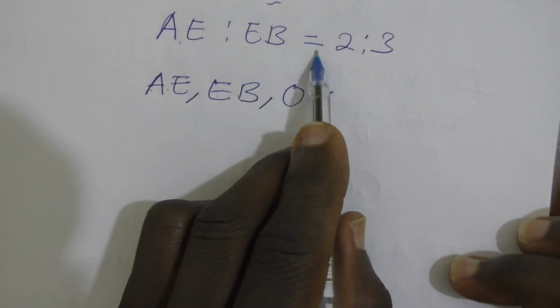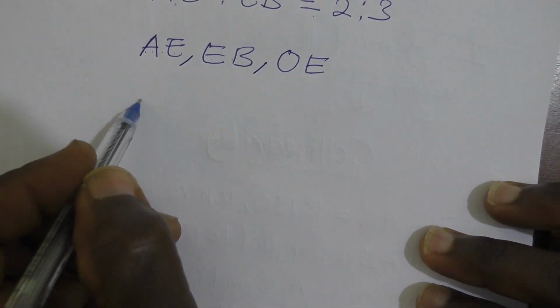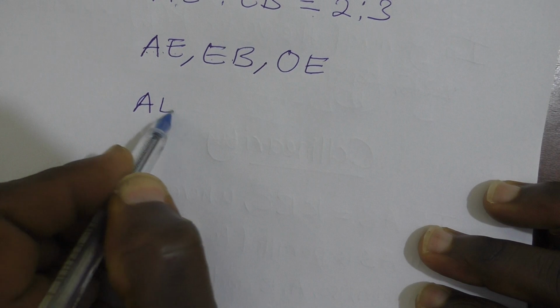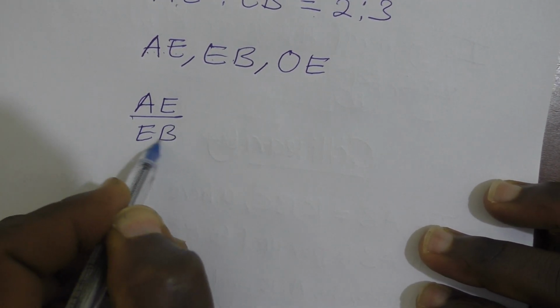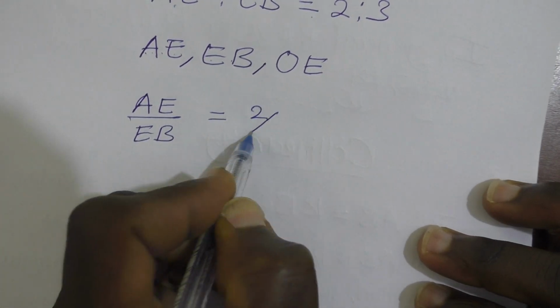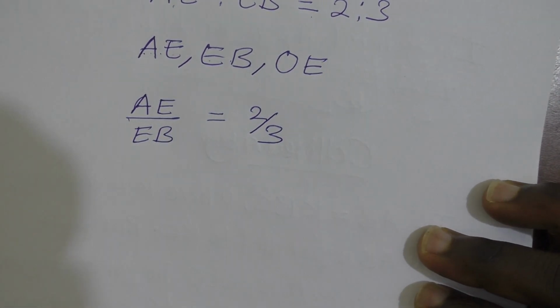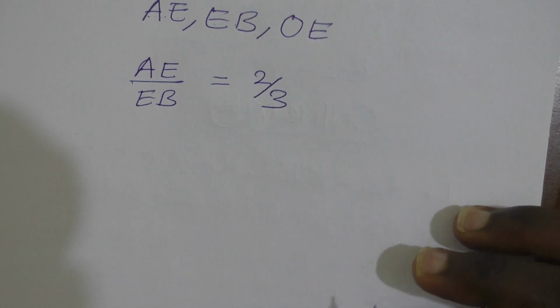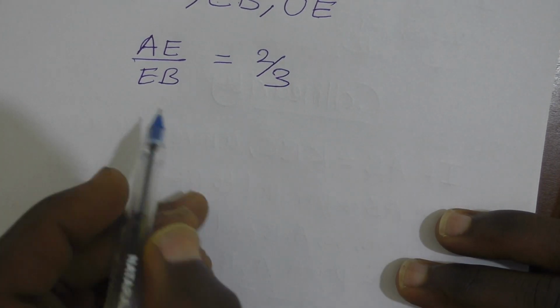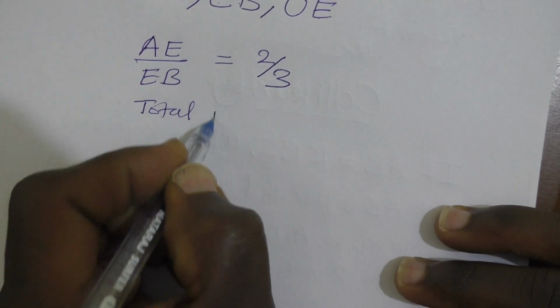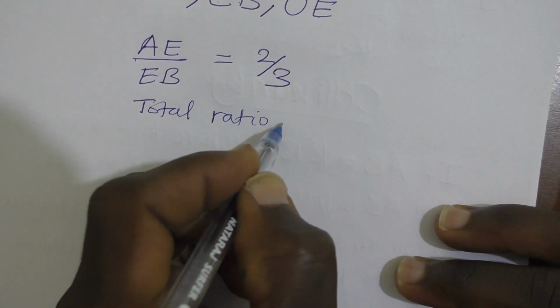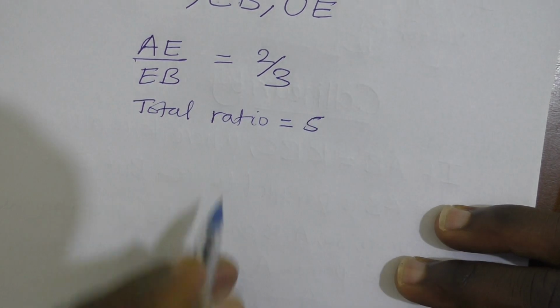Now, from the ratio, this means that AE over EB equals 2 over 3. The other thing you must note is that we can get the total ratio, which is 5.